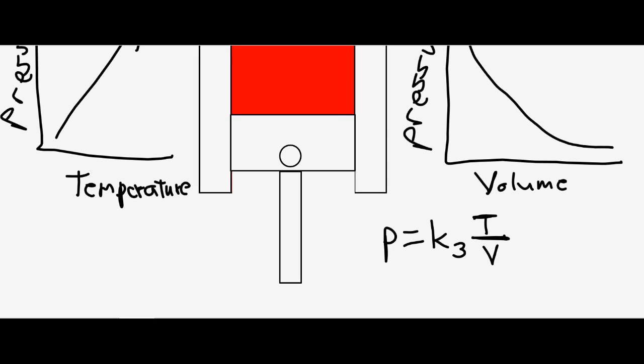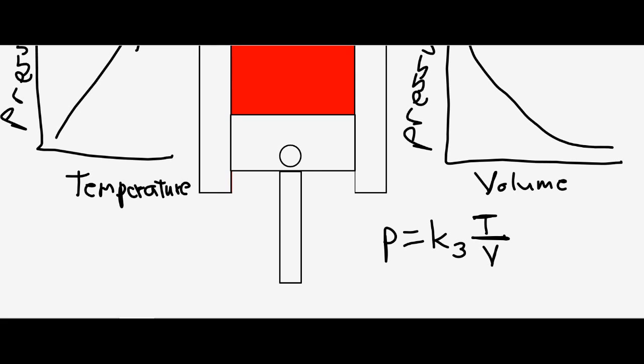So some of the problems I've seen, you're given that this variable is inversely proportional to the other variable, and it's directly proportional to the other variable.